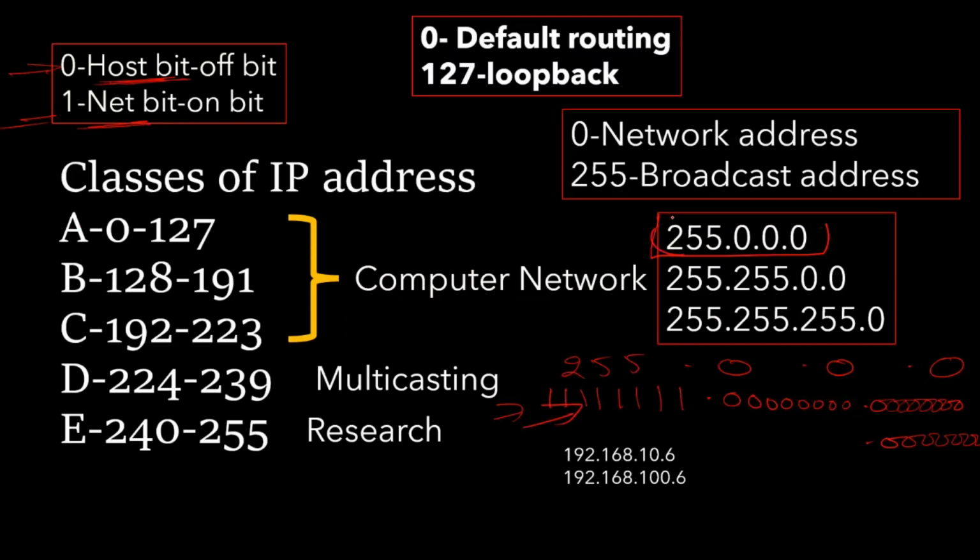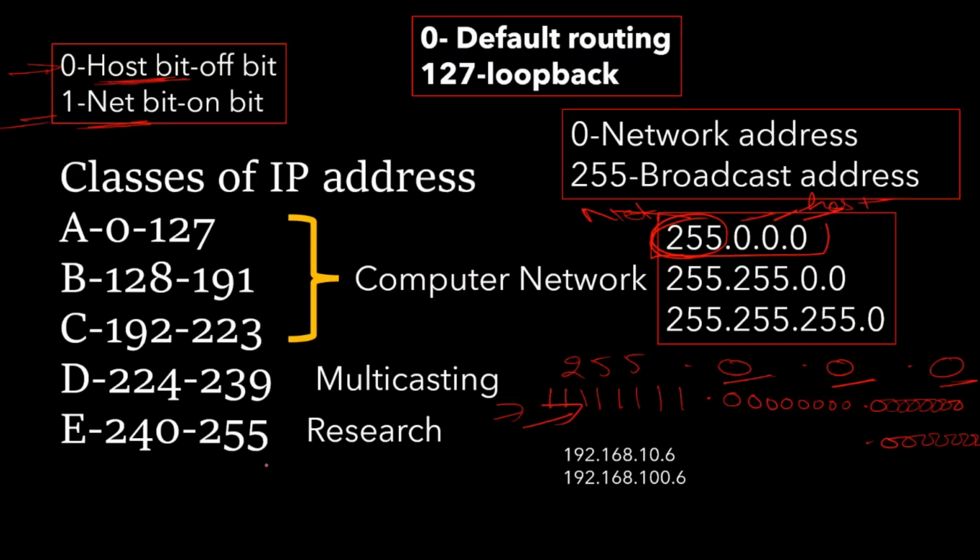So that means in class A, the first octet is for the network, and the 0s are available in the second, third, and fourth parts. So the second, third, and fourth parts are for the host. This is how we can identify the network part and the host part.